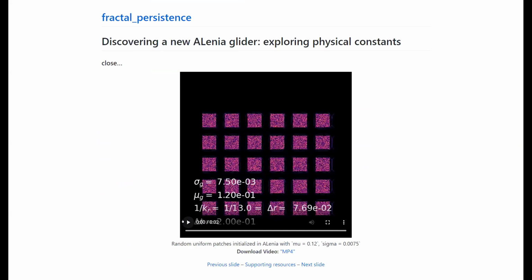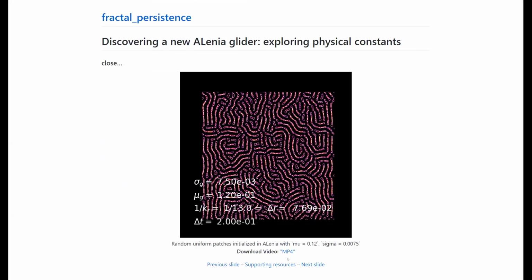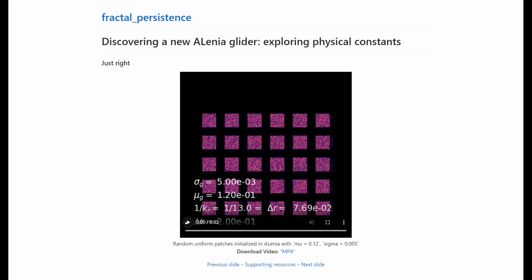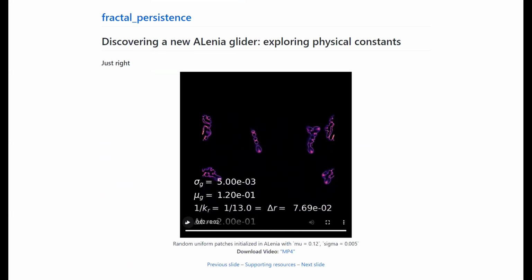So this particular search space was easy enough and tractable enough to follow the gradient manually. And we're getting a little bit closer. And finally, we see some of the patches disappear, some of the patches grow, and you can probably tell where I'm going to pick the gliders out of.